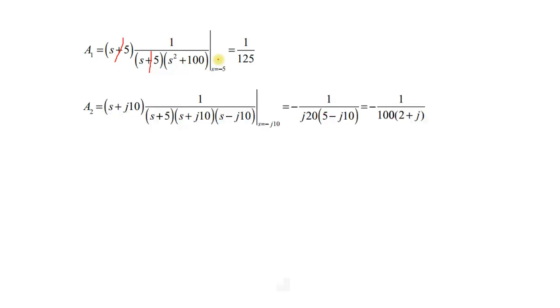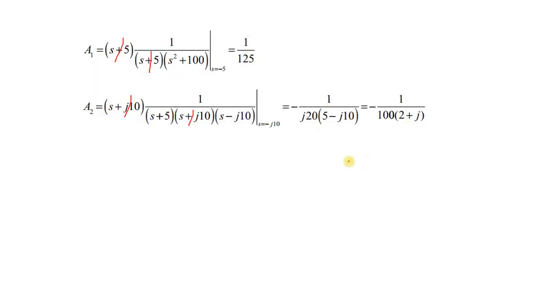And similarly for finding a2, s is replaced by minus j10, and you simplify the corresponding equation. So minus 10j plus 5, and here minus 20j, so this minus is present here. Okay, just multiply this j inside the term, and the final expression looks like this.